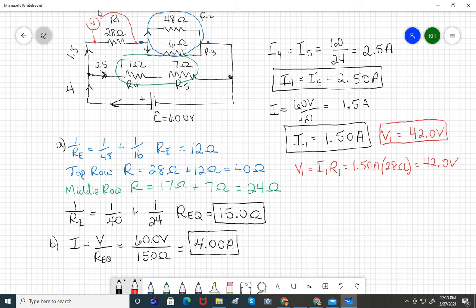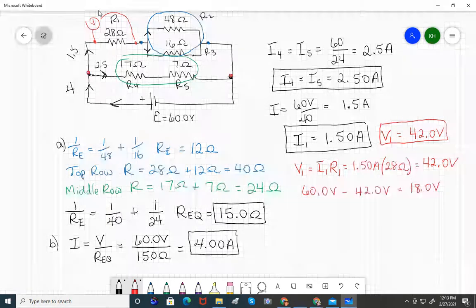Let's think. We said from here to here is 60 volts. There's the battery. If this is 42 volts, then from here to here, 60 volts minus 42 volts is 18 volts.